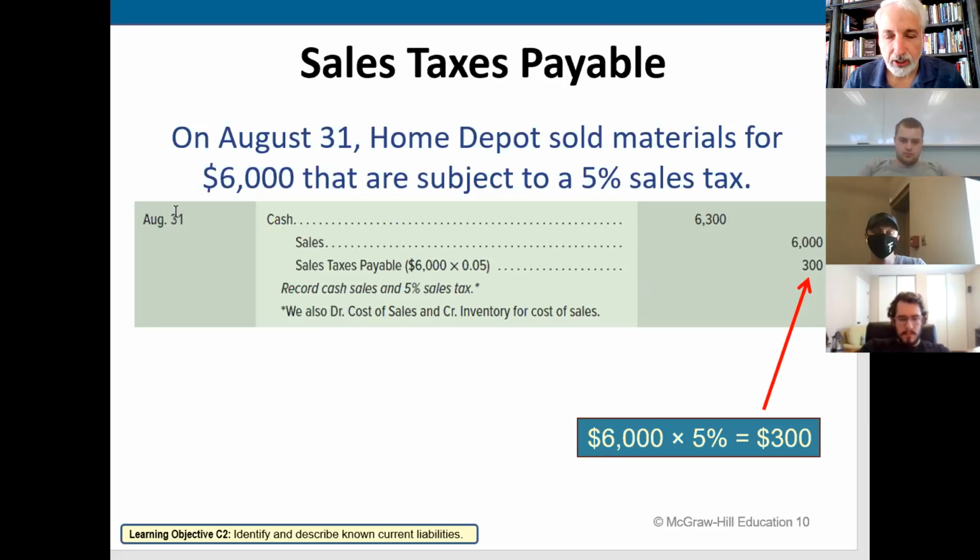It's an expense of whoever did the buying, and it's included in the asset that they acquire. If there were shipping charges, they'd add that too. But that $300 is a liability, sales tax payable, that we'll write a check for to the state and the county. Actually, the county might kick in 0.5% and the state might be the rest. So often there's a county sales tax that's part of a sales tax based on the state.